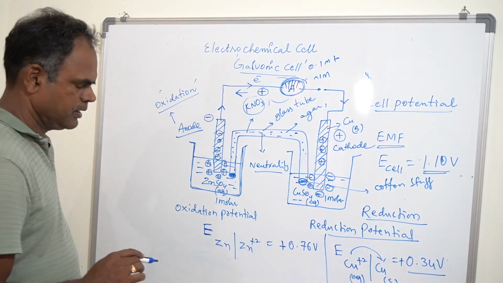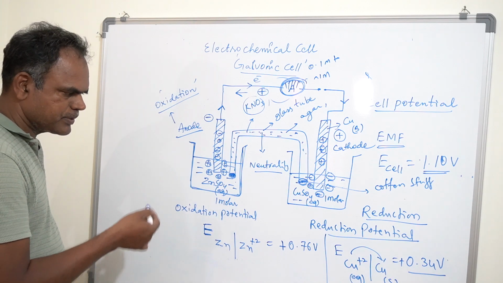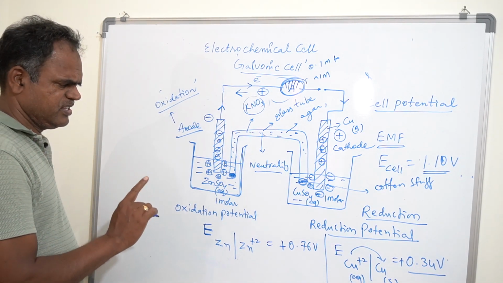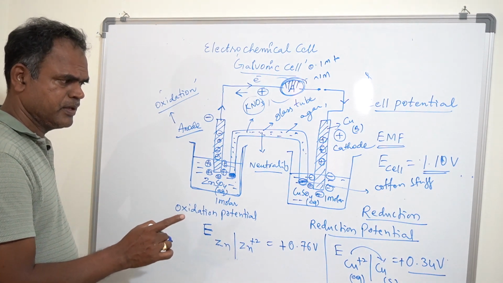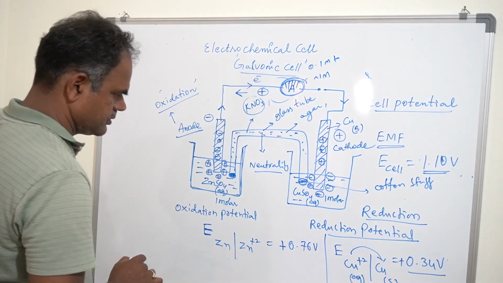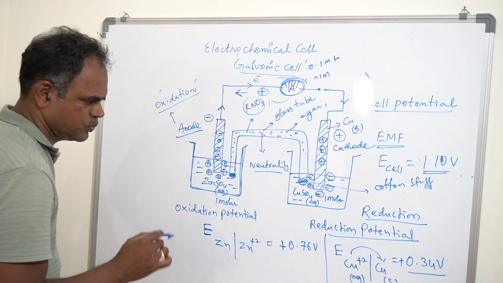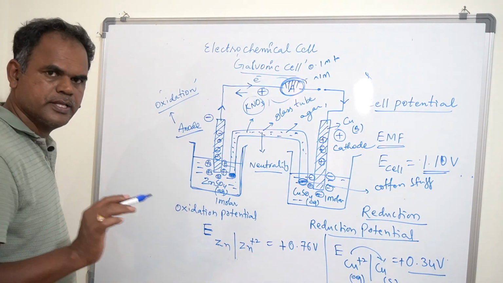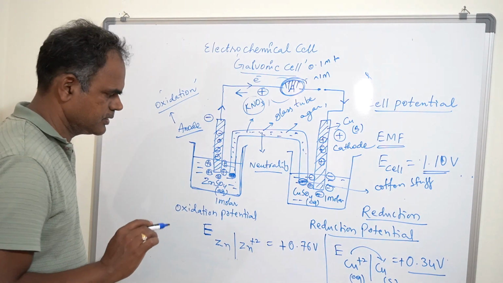But as a sign of convention, we should consider either oxidation potentials or reduction potentials. What we take is that for both half cells we consider reduction potentials.